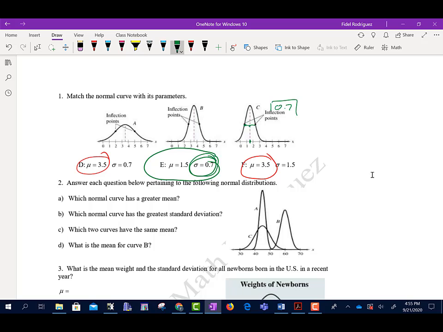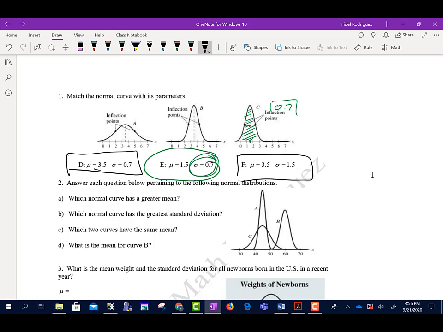Notice 0.7 is a small number, isn't it? Because that number is small, that means the spread is small. Look, all the data is contained in this very narrow graph. Now I want to look at the other two. So let's look at this one here and this one here.